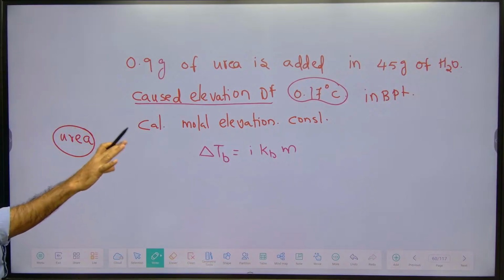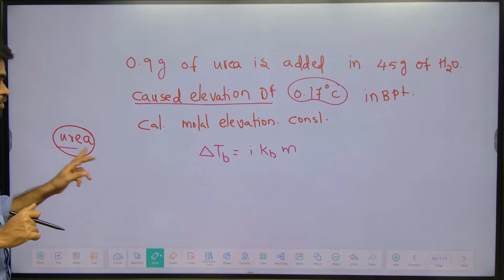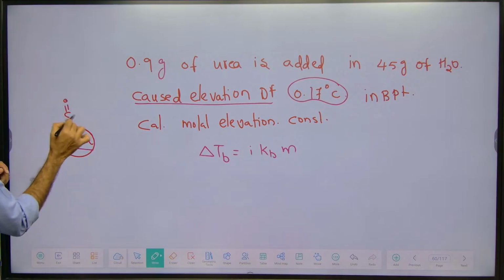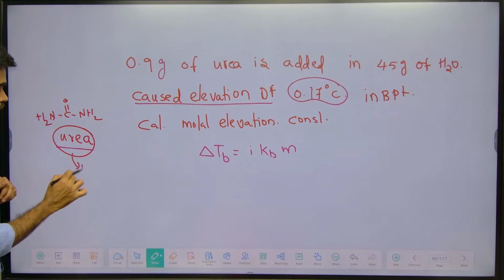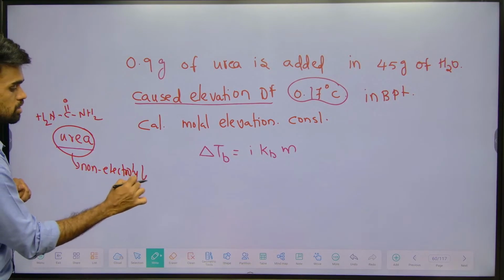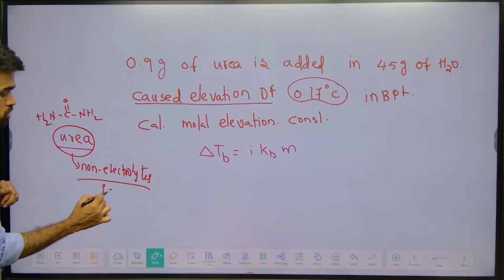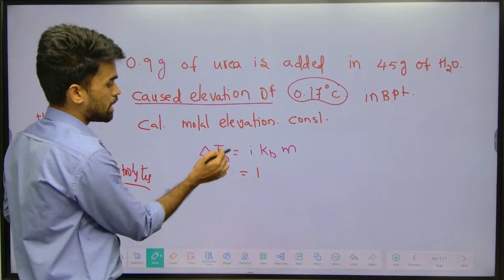Generally you consider organic compounds non-electrolytes. Urea formula you can write CO NH2 NH2. Will it dissociate into ions? So it's a non-electrolyte. For all non-electrolytes, i equals 1. So wherever you have i, put it as 1. Okay, delta Tb value how much?